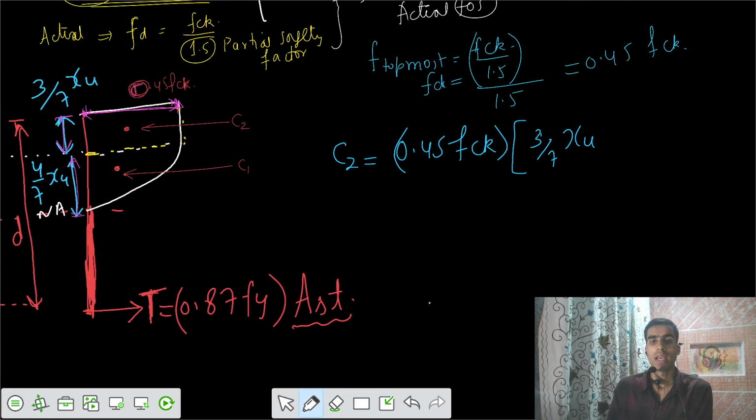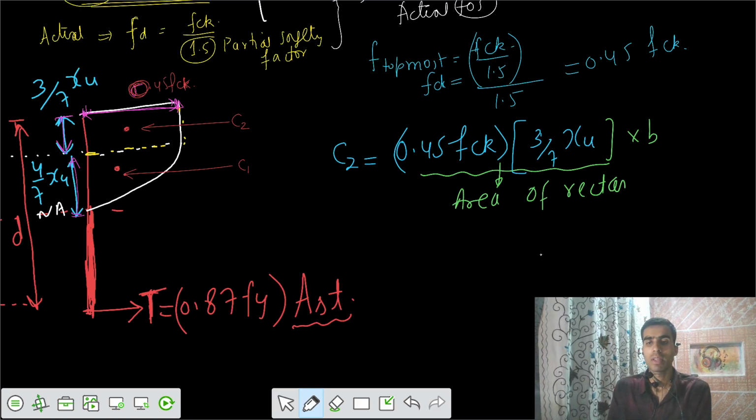So the area of the rectangular part of the stress block into width. So finally we got that C2.